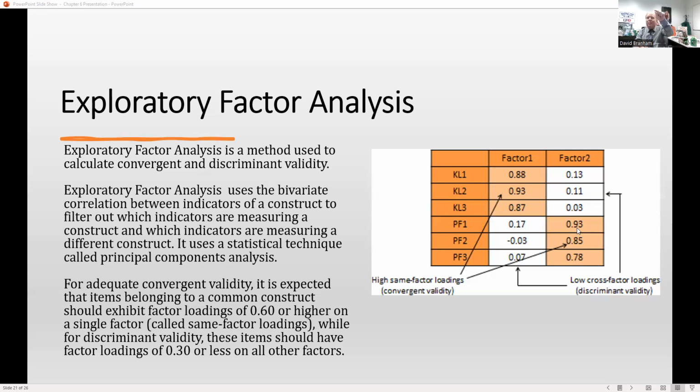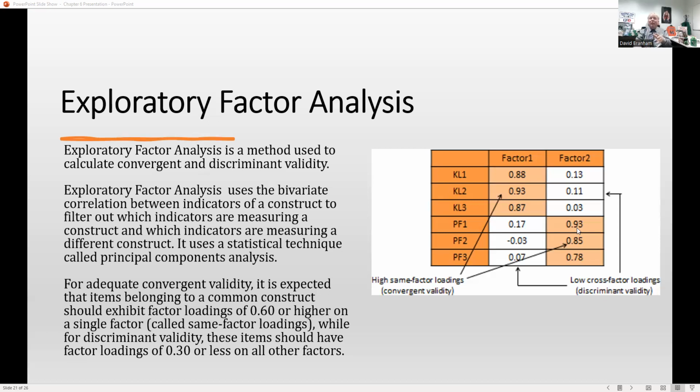Do they correlate? Yes, on factor one, so I am measuring that. On factor two, they measure very well on PF1, PF2, and PF3, so I have a different construct there. They may be related, but they're two completely different measurements of constructs.